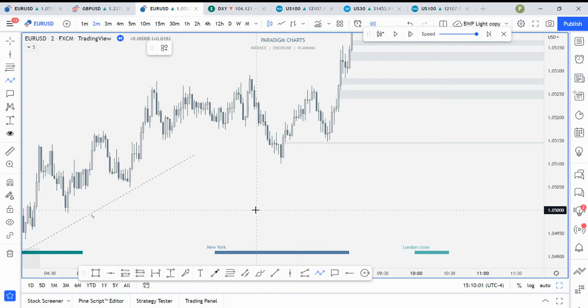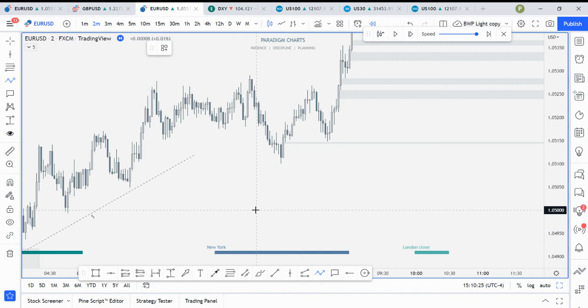Let me go over it again, I think I mixed it up. Bearish order block is the last up close candle before an aggressive move to the downside, while bullish order block is the last down close candle before an aggressive move to the upside.